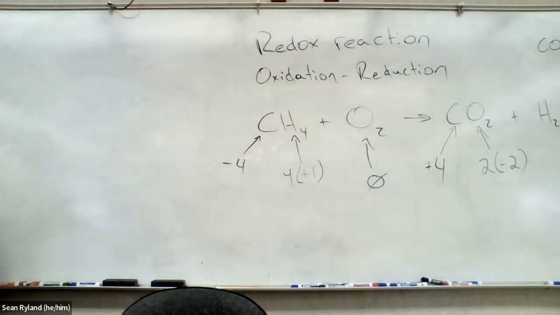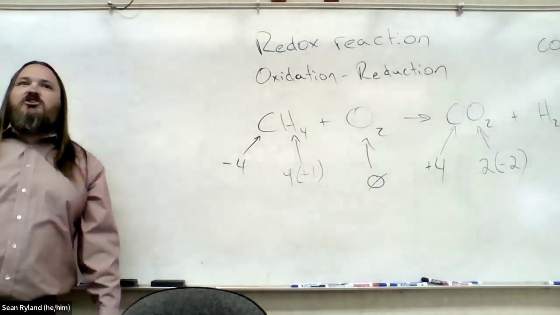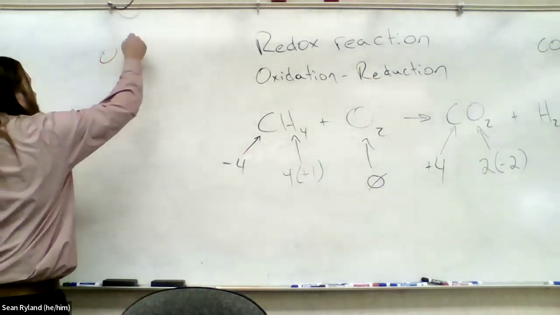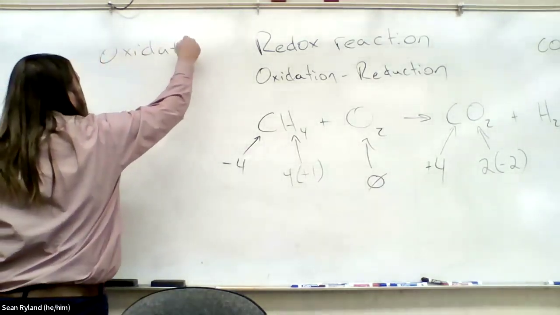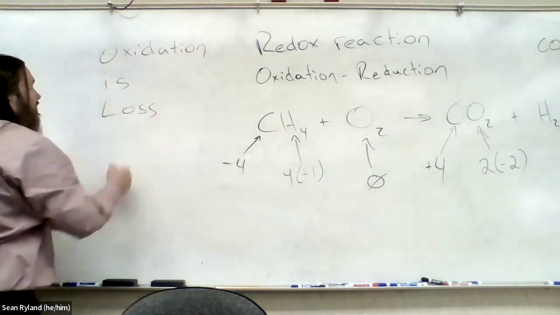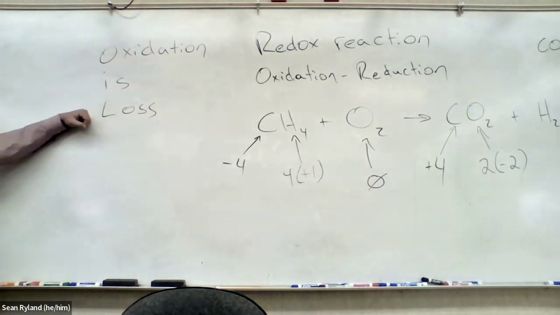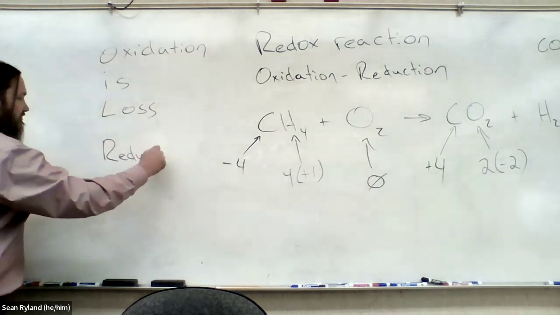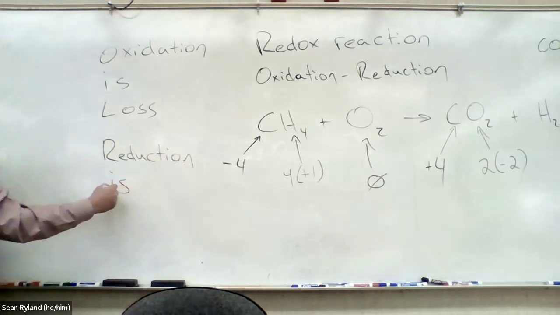The definition of something losing electrons, we call that process oxidation. Oxidation is loss of electrons. There's a clever-ish acronym that helps us remember this: OIL, oxidation is loss, and RIG, reduction is gain.